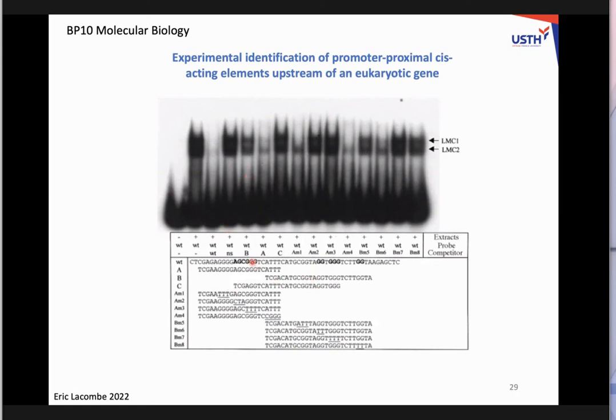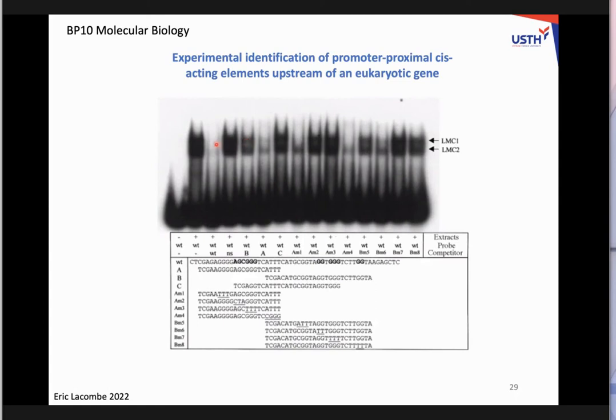So let's take a look. First of all, the first 4 lanes prove the specific interaction. Then in lane number 5, we add in excess the fragment B, the 3' part of the probe, as a competitor. What is happening?